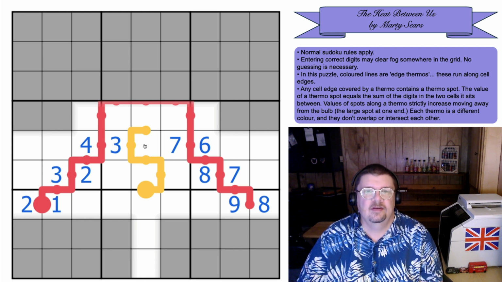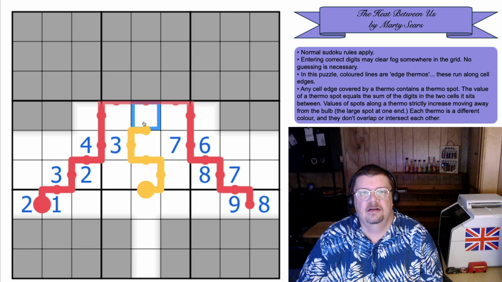Right. For determining what these 3 digits are, obviously this thermo has a lot more flexibility, but we can say that for these 3 spots this digit's going to be the same in all of them. So the only thing we really care about is these 3. That must be less than that, which must be less than that. So this is 1 or 2, and it can't be a 2.